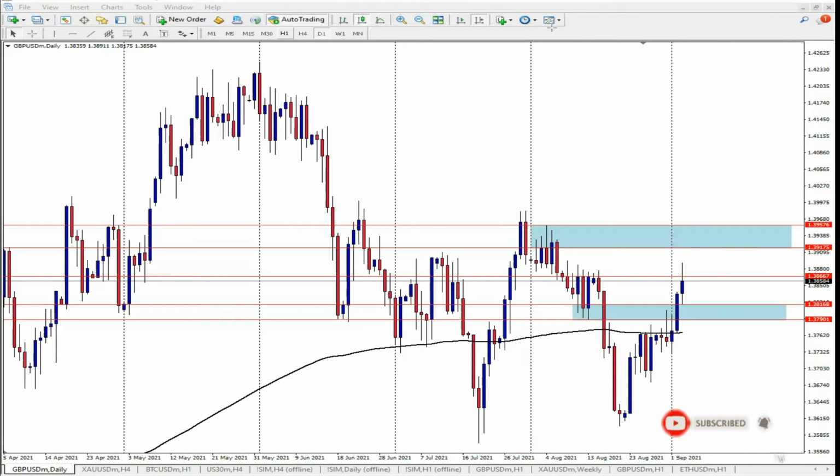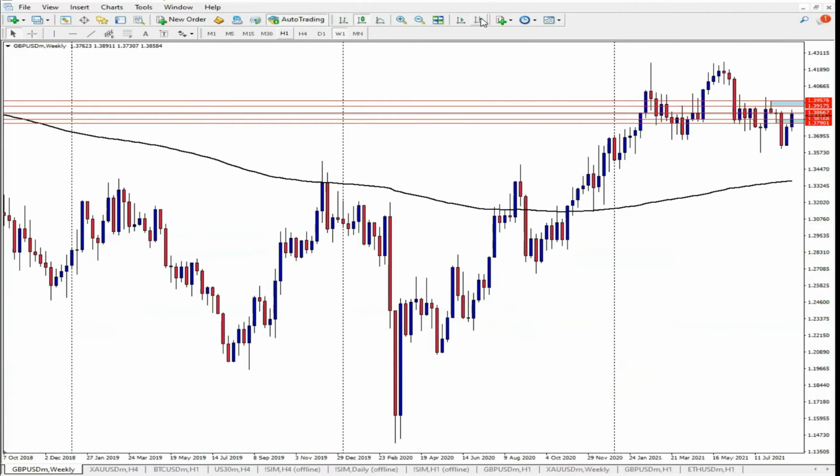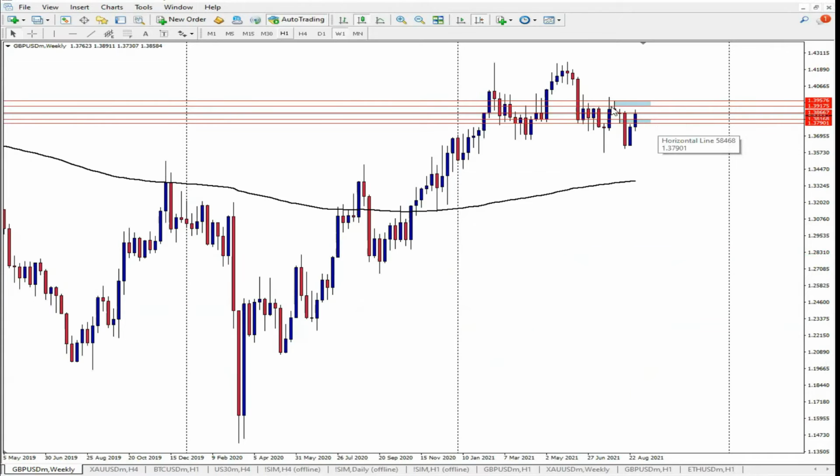So before we move to our next pair, let's just take a look at the weekly. So you can see on the weekly, that zone is still valid on the weekly, because even though the weekly looks like we are bearish, that zone you can see does not alter this high, which potentially is acting as a lower high.